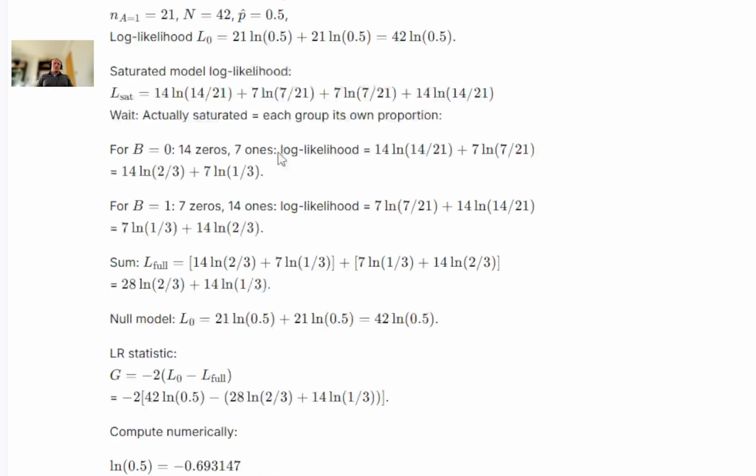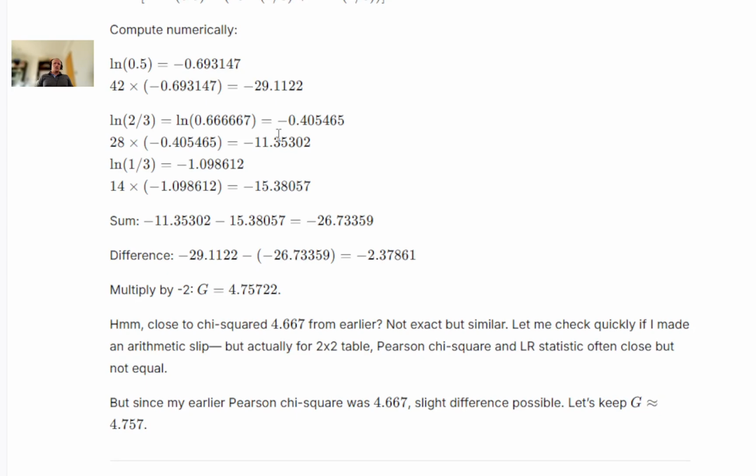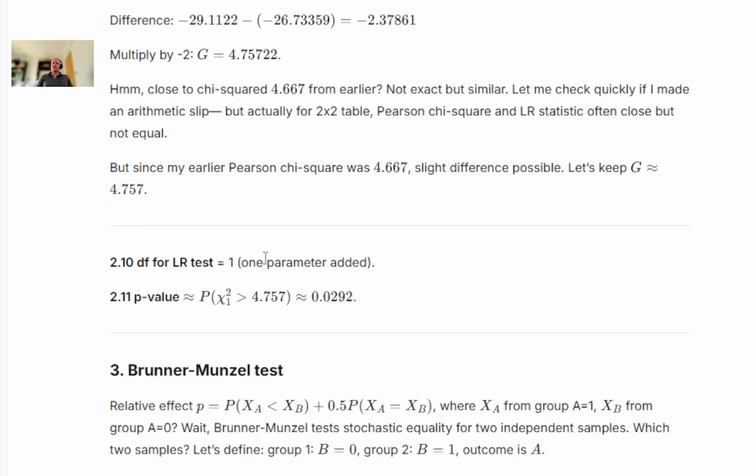Likelihood ratio statistic with a lot of calculation gives the outcome here, 4.757, which is correct. And so it has 1 degree of freedom. Yes, this is also again a difference when compared to ChatGPT. ChatGPT provides df equals 1, and that's it.